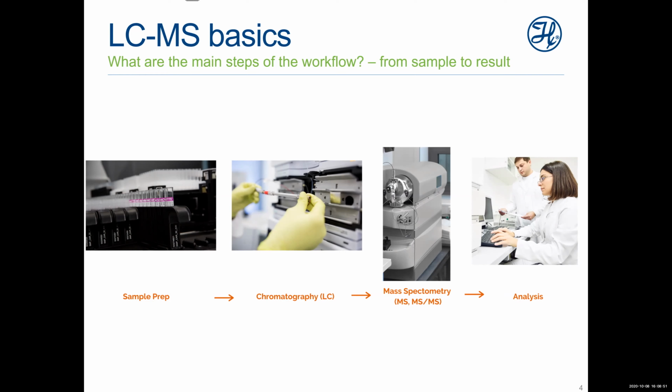Then we move to the chromatography part, and then the analysis with the mass spectrometer that is coupled with the chromatography part. And the last part, but not the least, is the analysis, which consists in the evaluation of the data obtained from mass spectrometry.